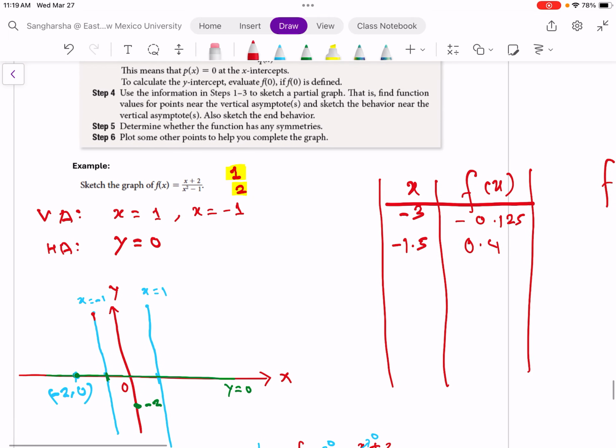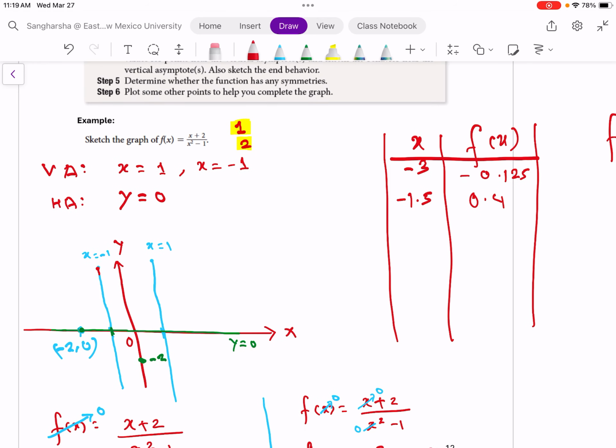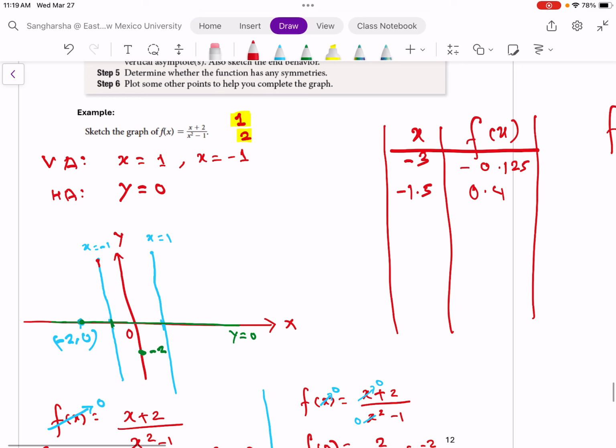Now let's draw some part of the graph here. For this function, can we choose any number less than -1? Yes, we can choose any number less than -1, which means our graph extends all the way to the left. When x is -1.5, we have 0.4, somewhere here.